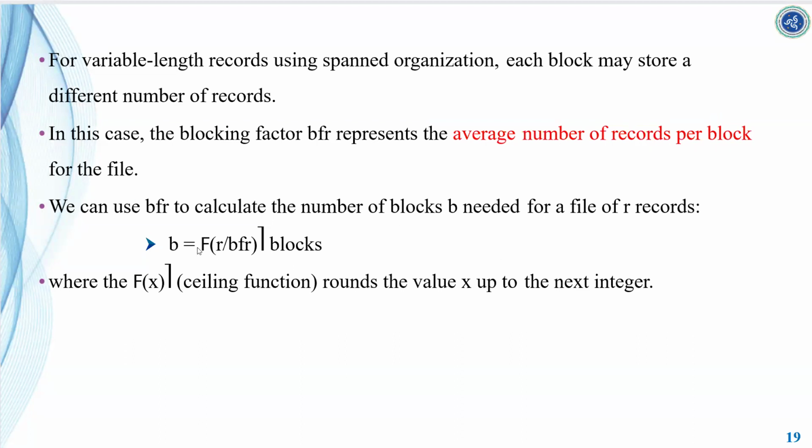The number of blocks b needed for a file of r records is given as r divided by BFR, rounded up, where BFR represents the average number of records per block.